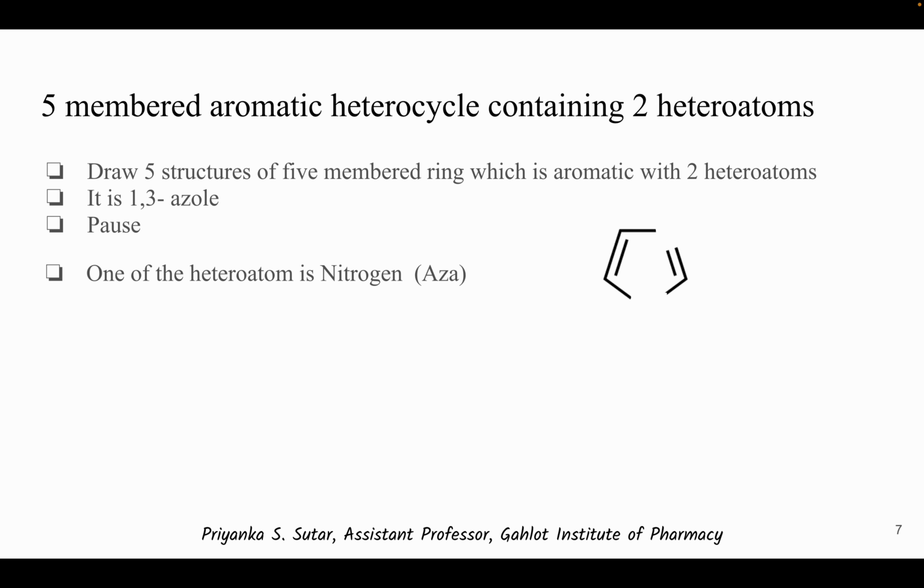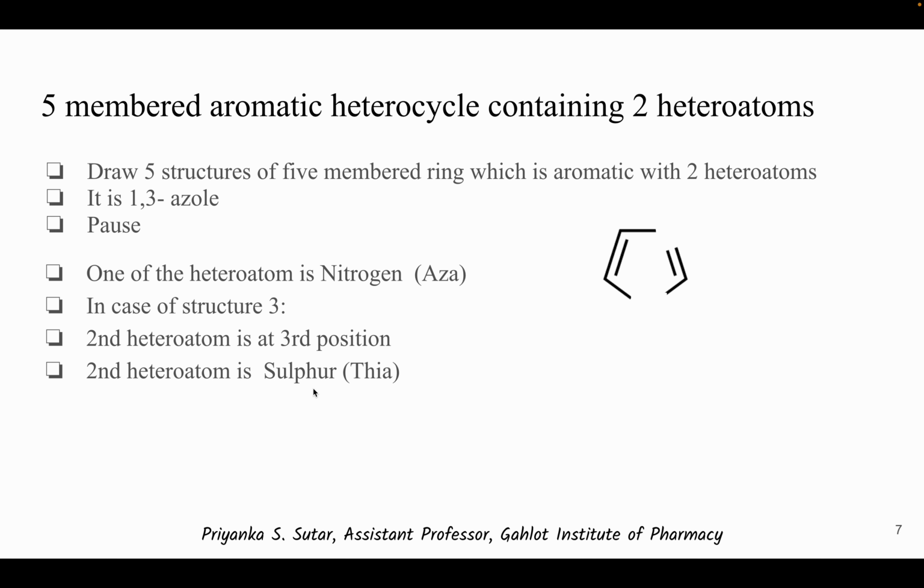In this particular structure, the second heteroatom is at third position because it is 1,3-azole, and the second heteroatom is sulfur. So nitrogen over here and sulfur over here. You can pause the video and write the structure.